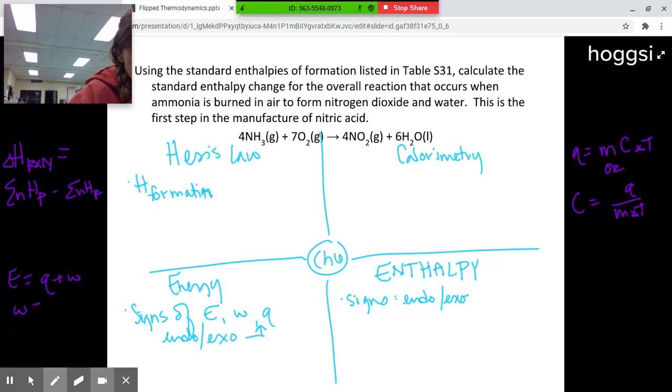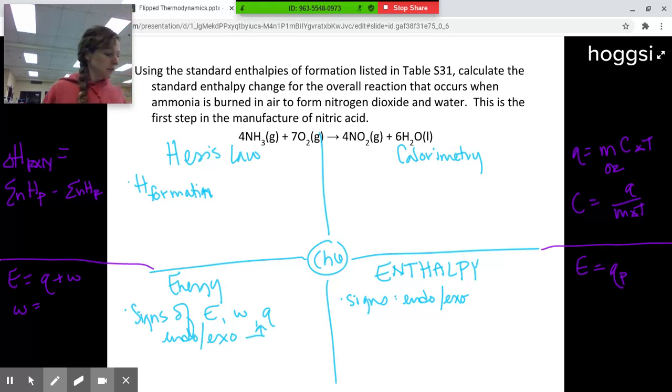Work has an equation. You could also throw in like energy equals QP over here. I mean, that's more of a concept than an equation, but it could count.